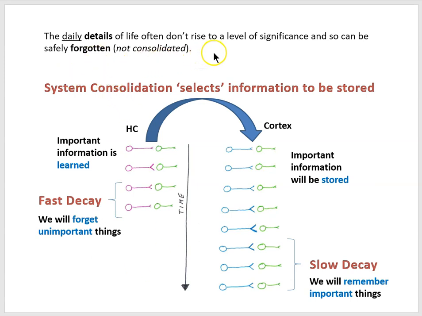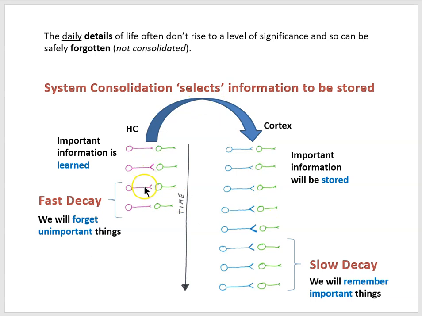So the daily details of life often don't rise to a level of significance, and so can be safely forgotten. Here, the sense of forgotten is not sufficiently consolidated. So we can think of system consolidation as a process that selects information to be stored. It's the hippocampal memory traces formed during the day that are going to be used to strengthen cortical memory traces.